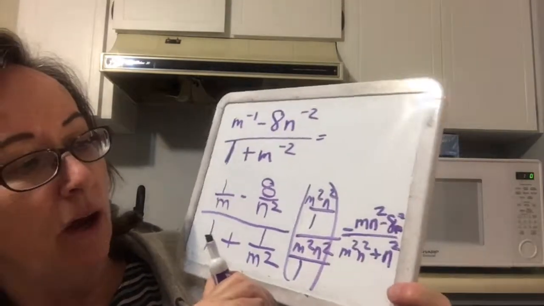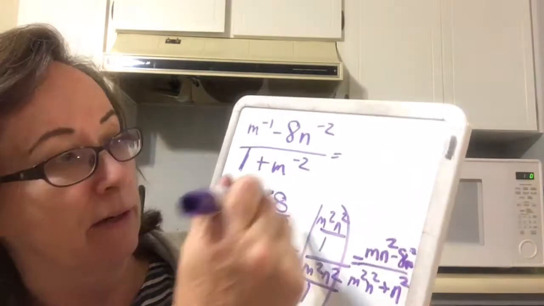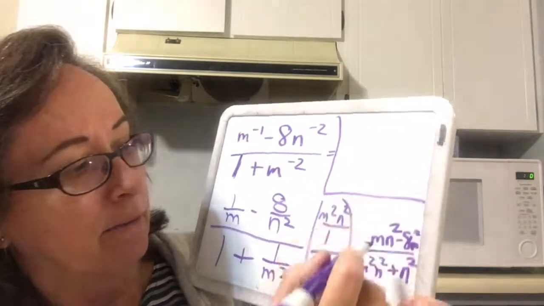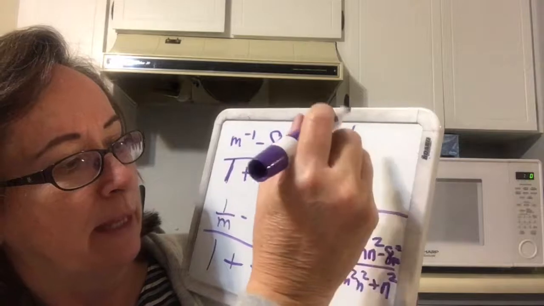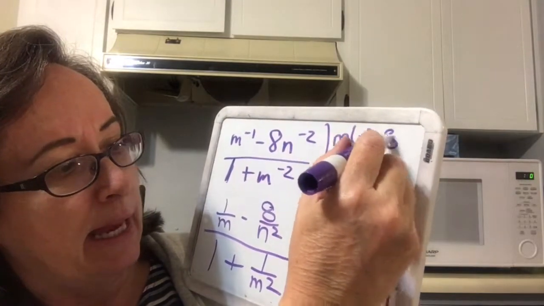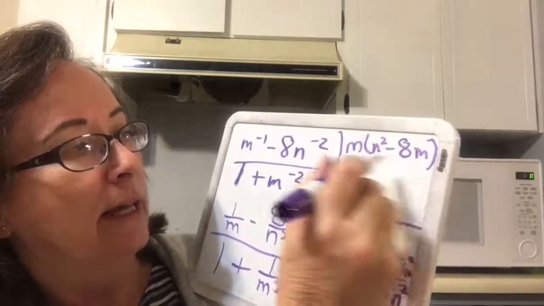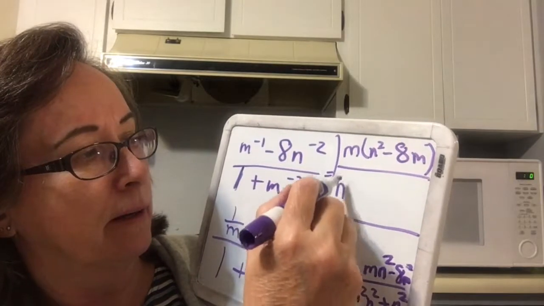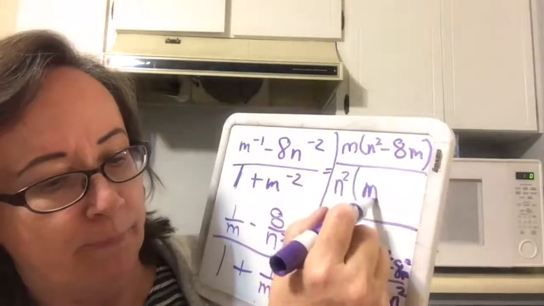Okay, so if I factor an m out of the numerator, I get an m times n squared minus 8m. Okay, and that is correct. And on the bottom, I factor out an n squared, and I get an m squared plus 1.